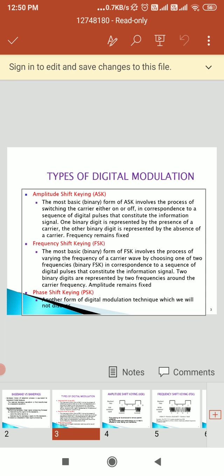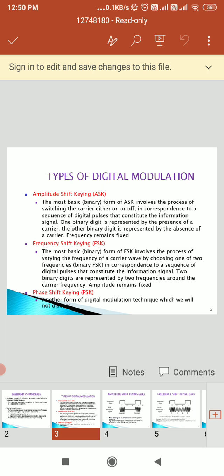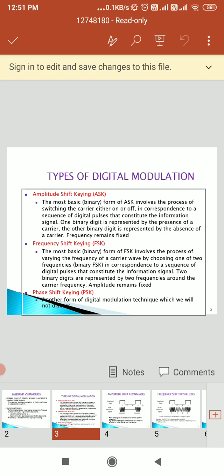If the amplitude of the carrier is varied in accordance with the baseband signal, we call that amplitude shift keying. The most basic form of amplitude shift keying involves switching the carrier either on or off in correspondence to the sequence of digital pulses that constitute the information signal.